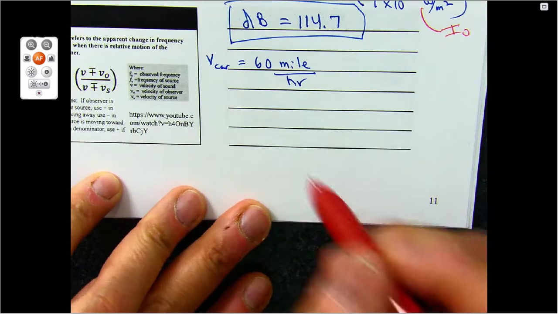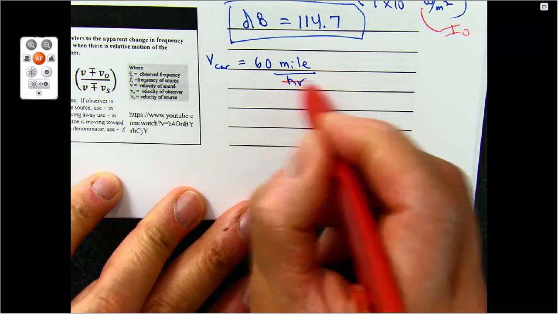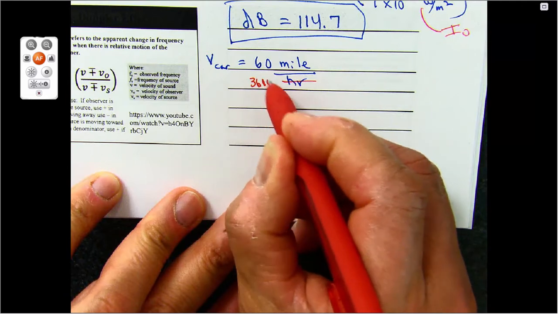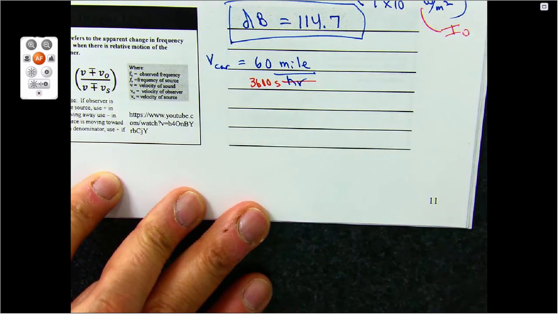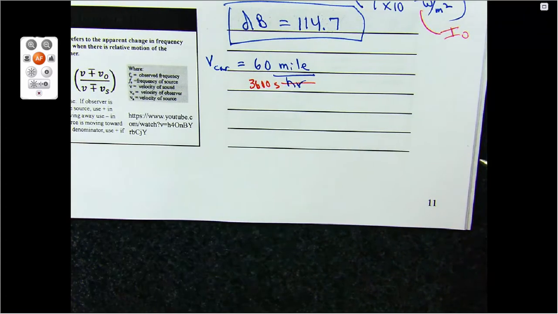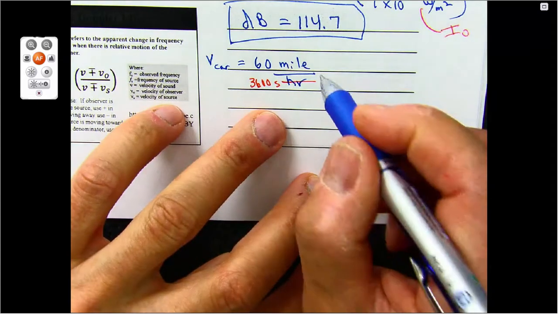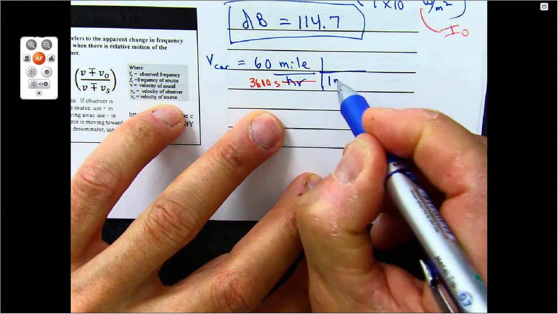So the quick way to do that, we'll make this 3,600 seconds. 60 miles per hour, and then we'll go 1 mile.